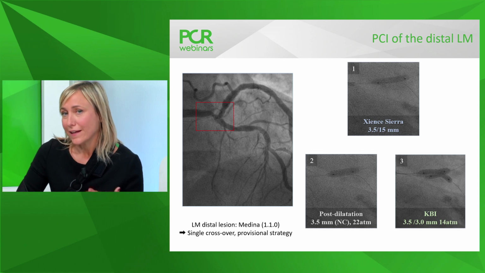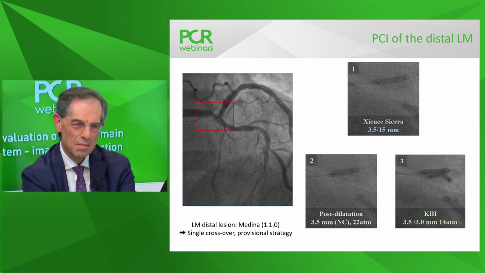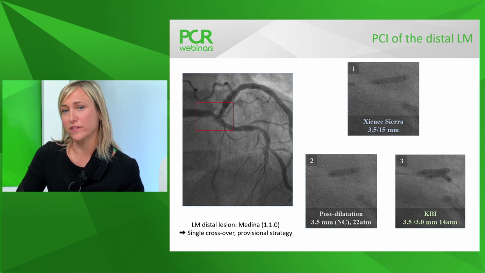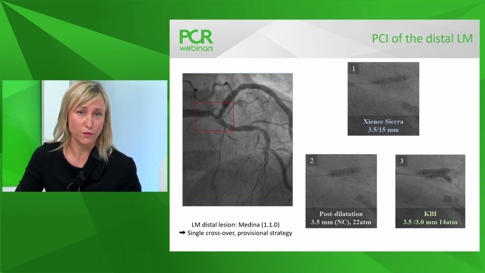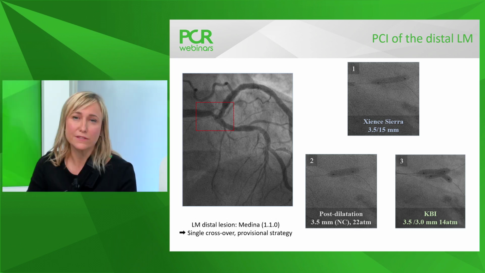Clearly, something else would be to do the pullback from the IVUS in the circumflex, but because of the angio and because of the IVUS image that we got through the pullback from the LAD, we really did think that this was a Medina 110. So clearly this is a bifurcation lesion, but this is an indication for provisional stenting, and I don't think there is a discussion on that.